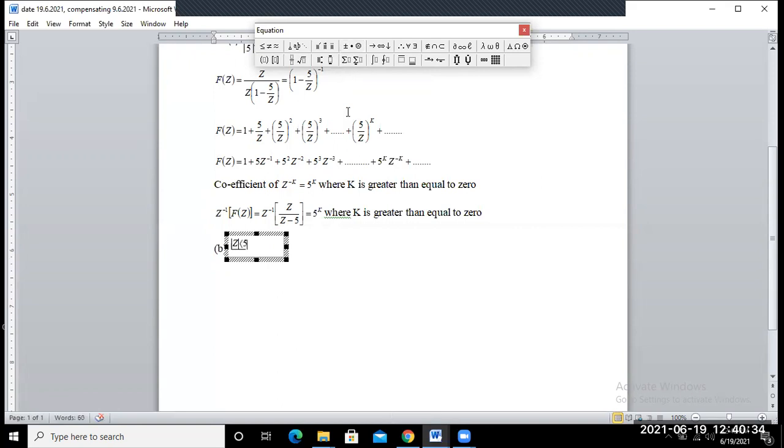Okay, magnitude of z is less than 5. We can write this as magnitude of z divided by 5 is less than 1. So here r is equal to z by 5, which is less than 1.